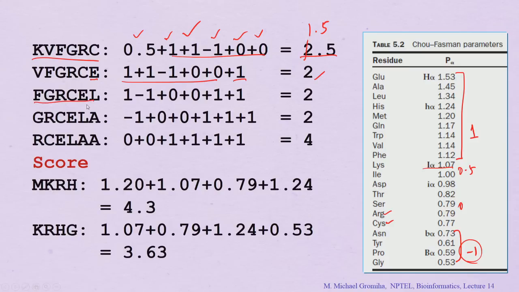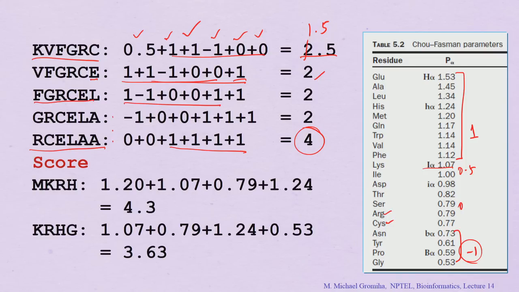Now, the third one, you have these same, right, and the last one is L, leucine, this equals 1, this equals 2 again. Go on adding these numbers, when you go with RCELLA, R equals 0, C equals 0, all these are 1, because E is 1, L is 1 and alanine is 1. So, the final score is 4. Now, you can say this segment you can identify as an alpha helix.